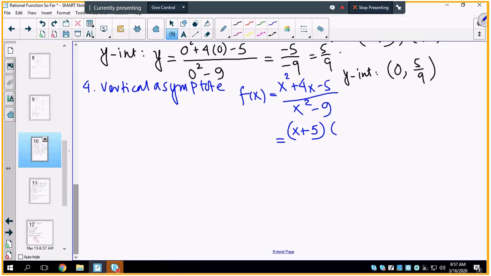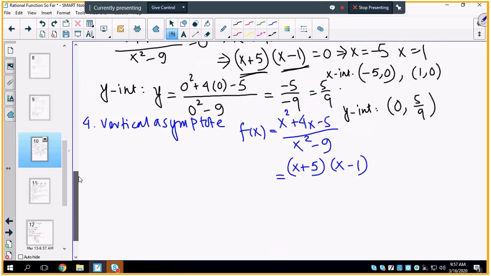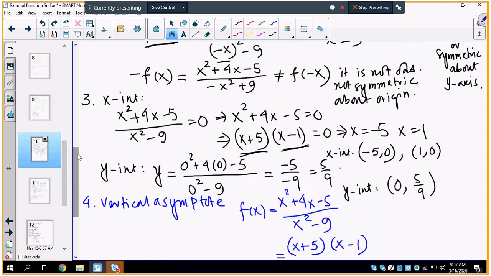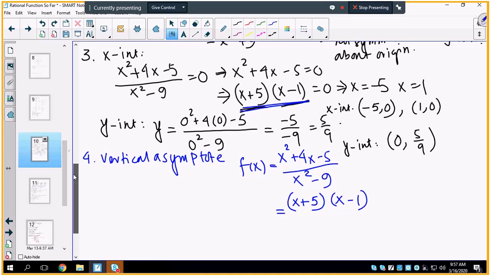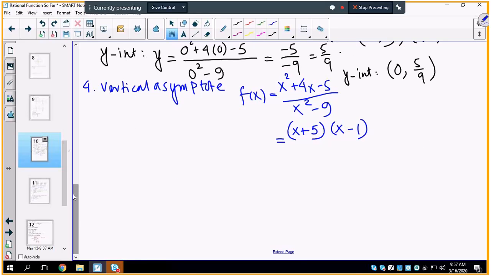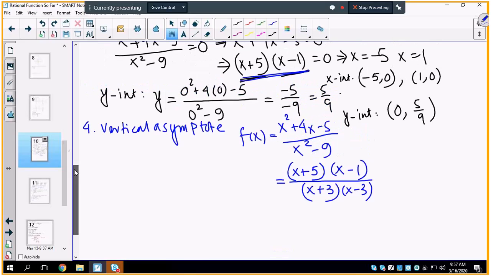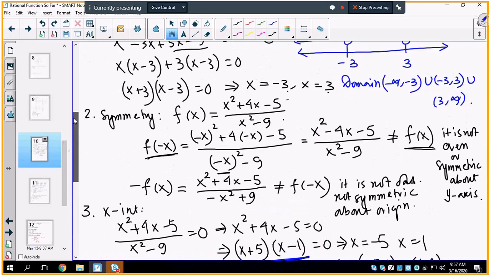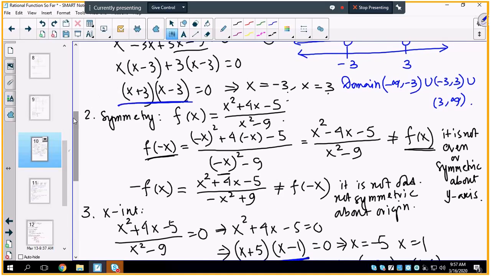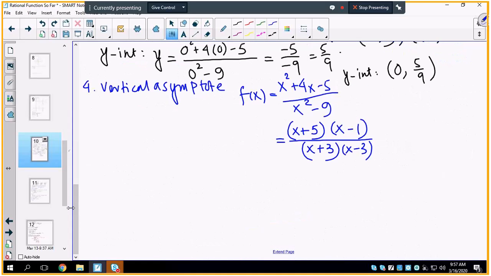We have already factored it when we were trying to find the x-intercept. So that's the beauty of factoring. I don't have to repeat that step. I did it for the bottom too. It's x plus 3 times x minus 3. I was finding the bad points and I said, remember to factor. So when I factored them, I got those as well. So now, see, there is nothing in common between top and bottom. So there is no cancellation. Because I cannot cancel anything, this is simplified.